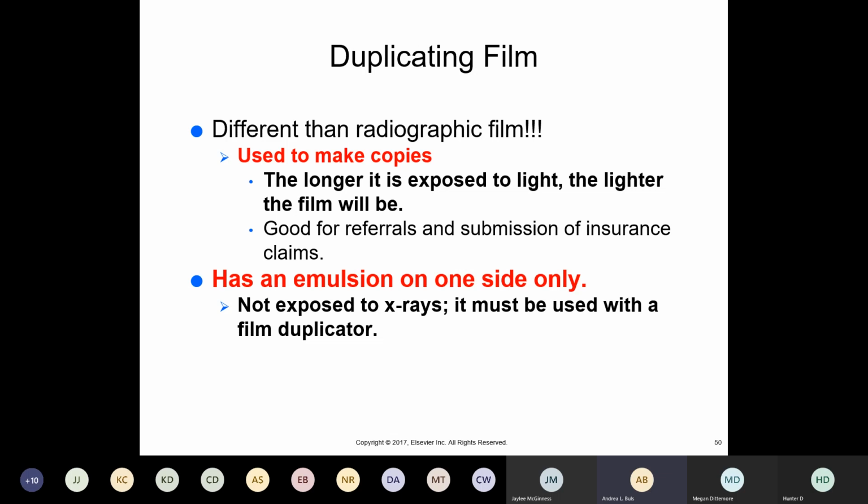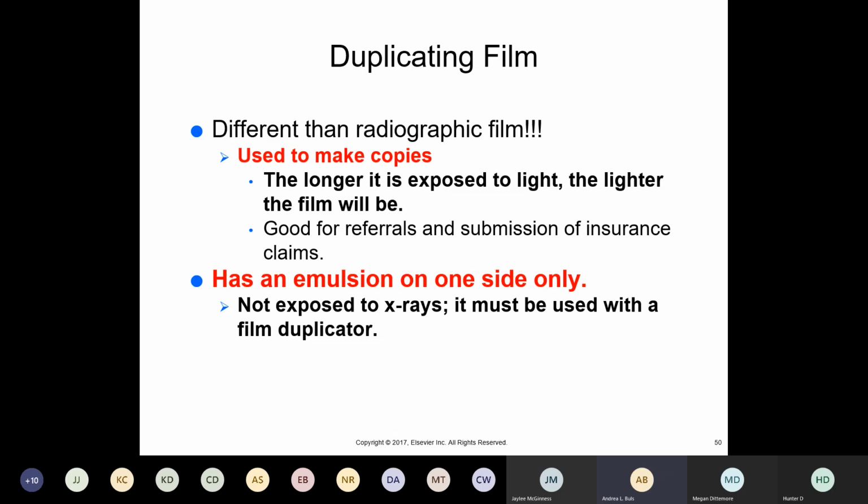With typical intraoral and extraoral film, the longer you expose it to light, the darker it becomes, because those silver halide crystals are absorbing every bit of that energy. So your entire image would be black if it's exposed to light. With duplicating film, it's the opposite. The longer we expose it to light, the lighter the film becomes.